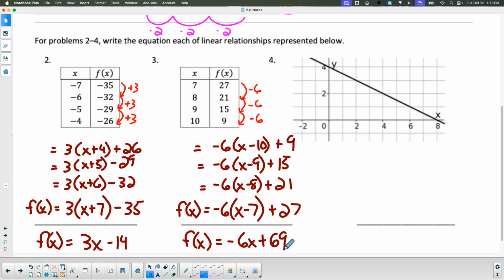On this one, we need to find the slope of the line. It appears to go through this point and this point. So that gives me a rise of negative 2. That gives me a run of positive 4. So my slope is going to be negative 1/2.